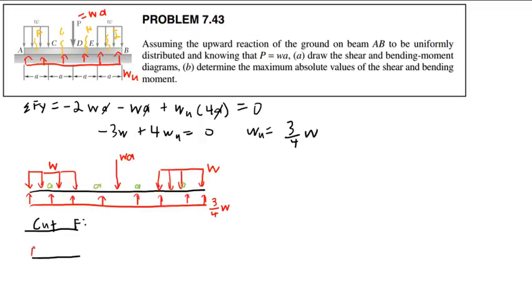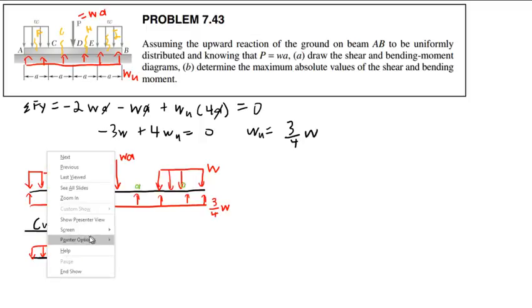Would you believe me if I labeled this as W over 4? Because remember, W is a distributed load. And look in this range here. We have an upward 3/4 W and a downward W. So on net, we have a W over 4. Okay? On net, we have a W over 4.